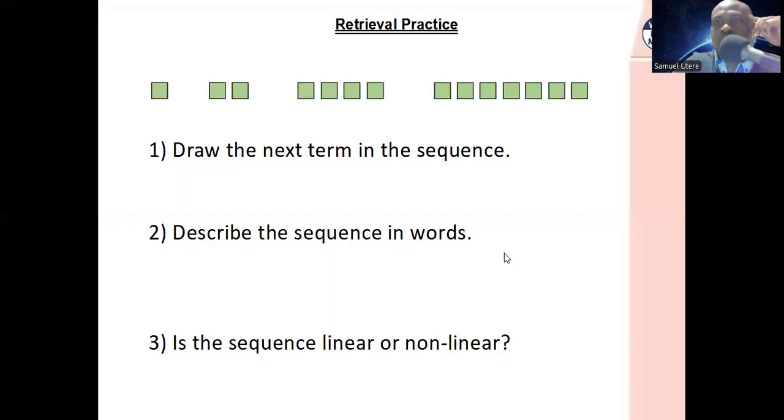Okay, but before we start, I would like you to do this retrieval practice.